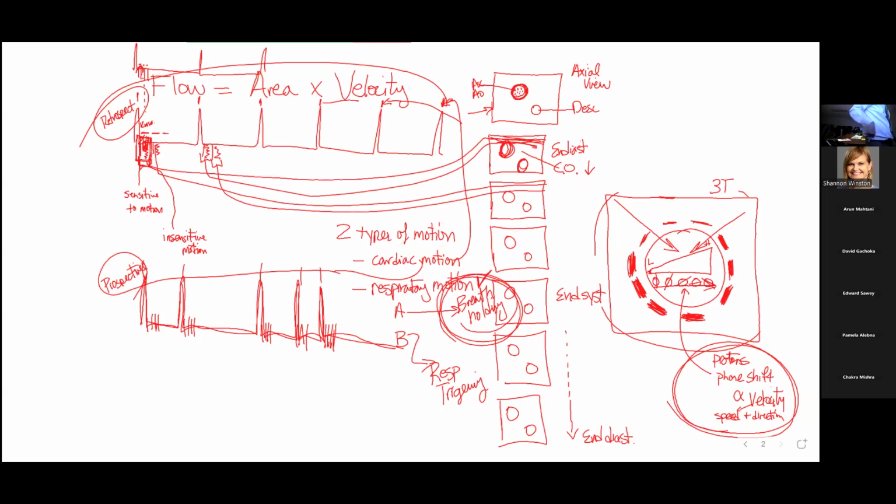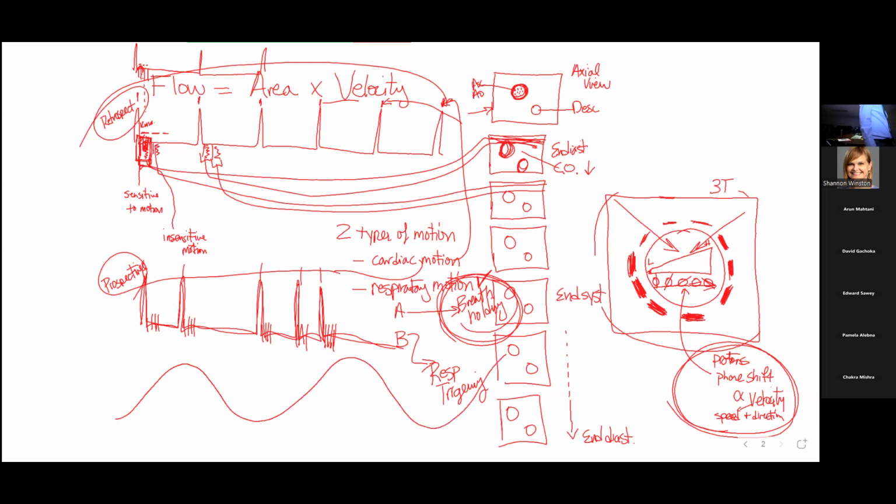You can put on what's called a respiratory bellows, or the scanner can track the diaphragm during scanning, and you can track the respiratory motion throughout your image acquisition process.